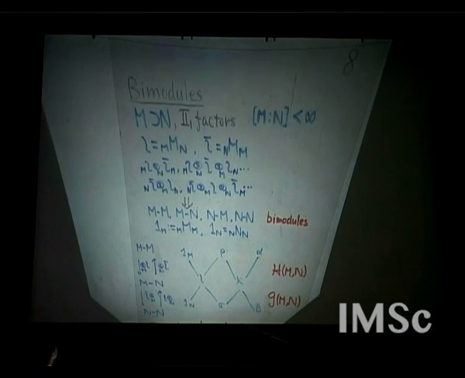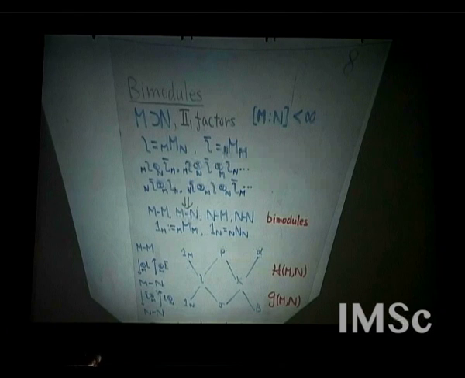Then you get M-M, M-N, N-M, and N-N bimodules. And this is not really a tensor category because you cannot make a tensor product of, say, an M-N bimodule and an M-N bimodule. But if you choose the right legs, then you can make a tensor product.